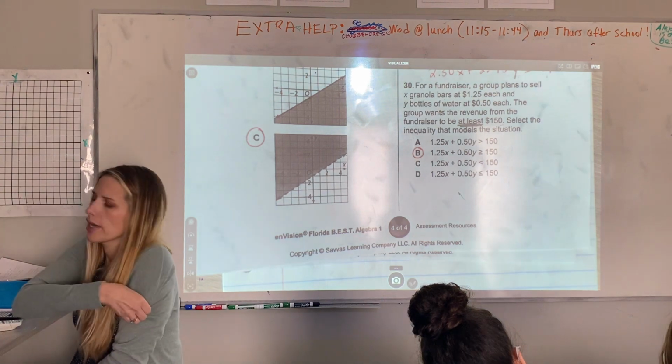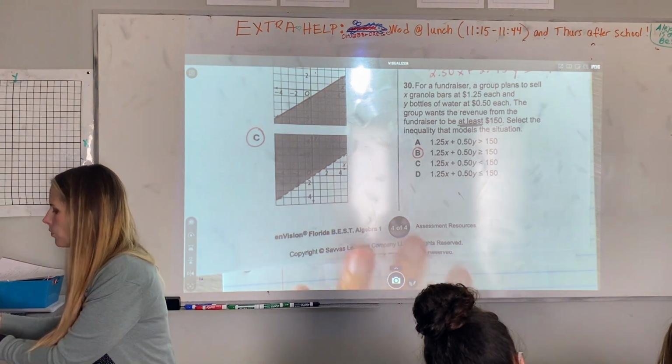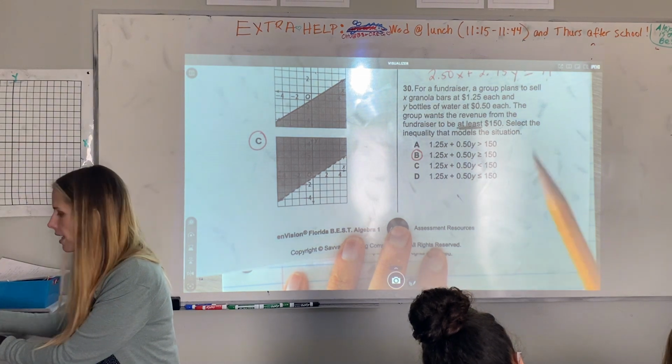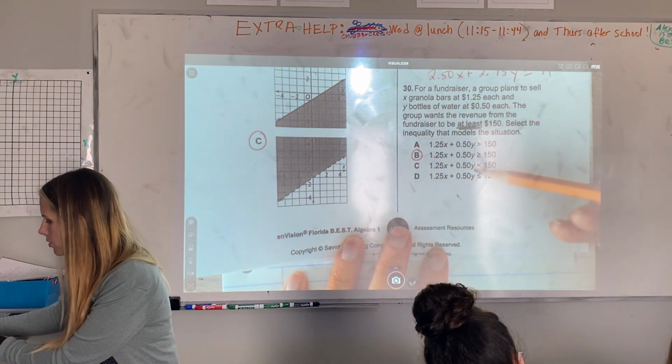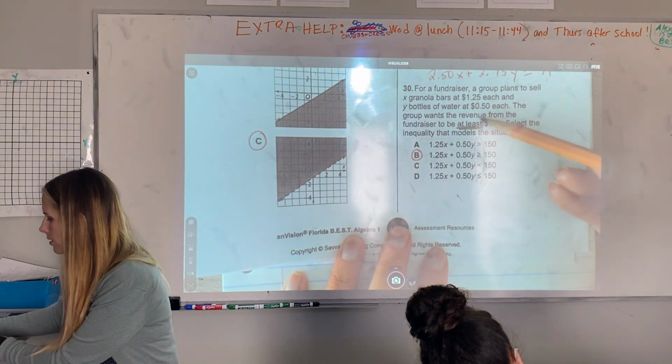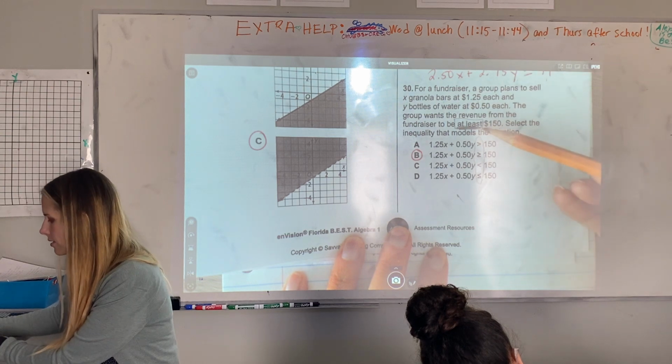I got confused. Okay, so what you're going to look for, especially when all of the answer choices look exactly the same except for these inequality symbols, is which one of these inequality symbols represents the words at least.